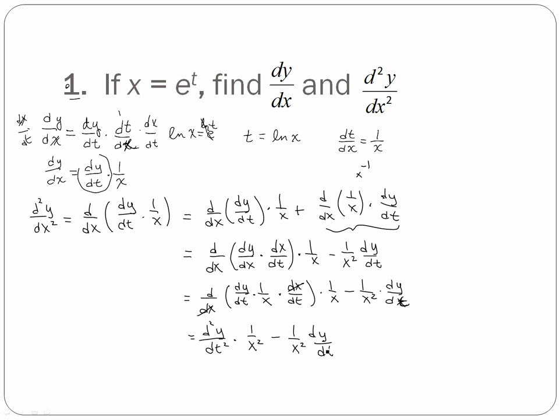If you want to, you could factor out that 1 over x squared, and you get the second derivative of y with respect to t squared minus the first derivative of y with respect to t.